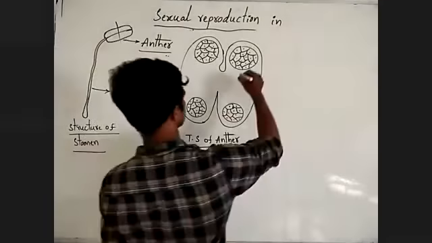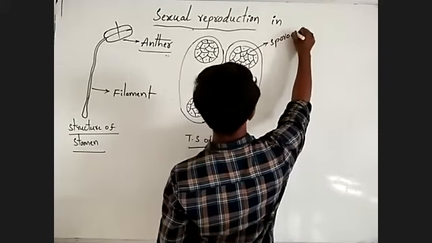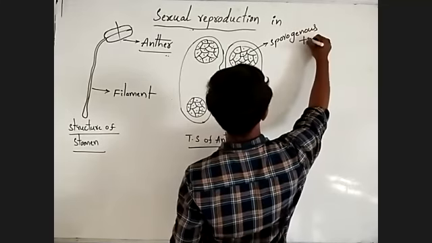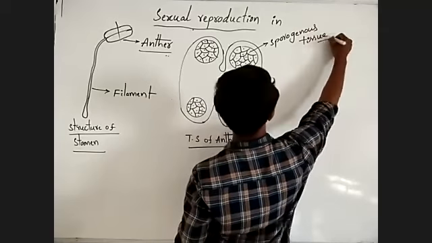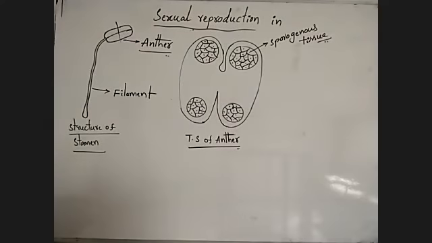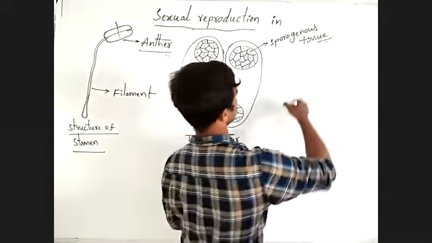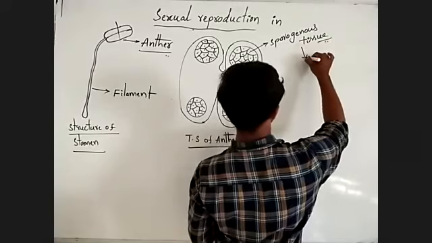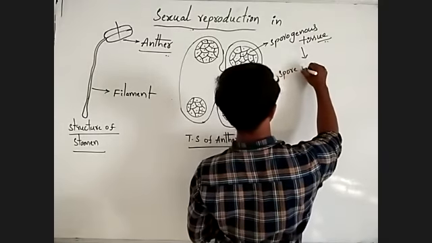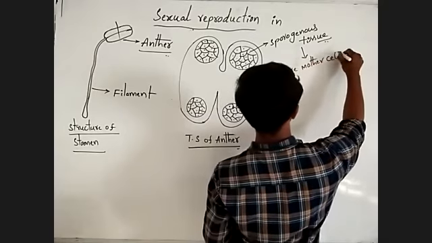This is called porogenous tissue. It acts as the spore mother cell.